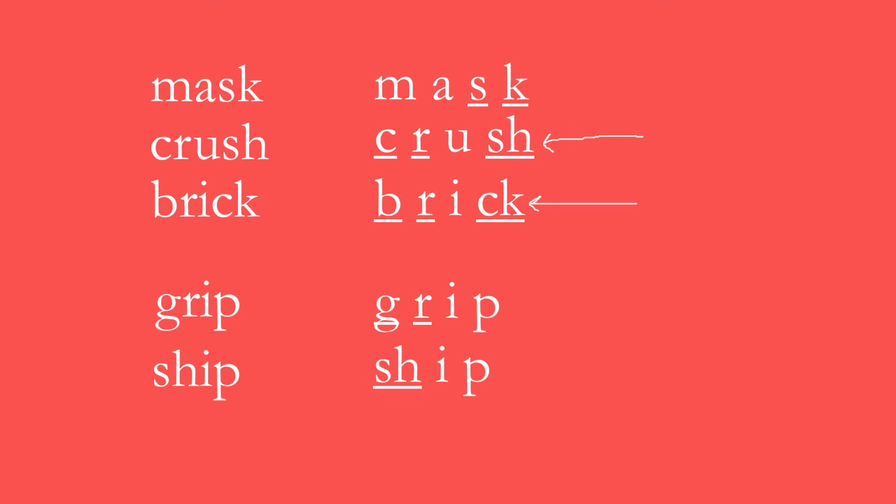And one more. Pinch. Be careful with this one. Start at the end. C and H, they are a what? They're a digraph, but they have a consonant right before them. So this is one of those digraph blends. There's the consonant, which is connected to a digraph.